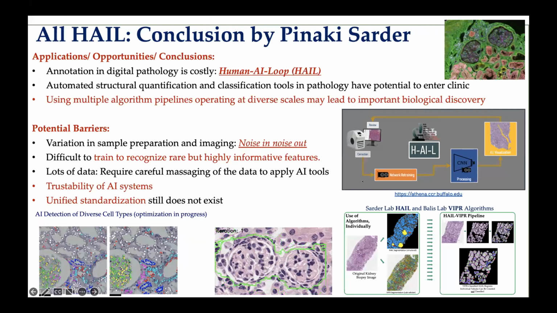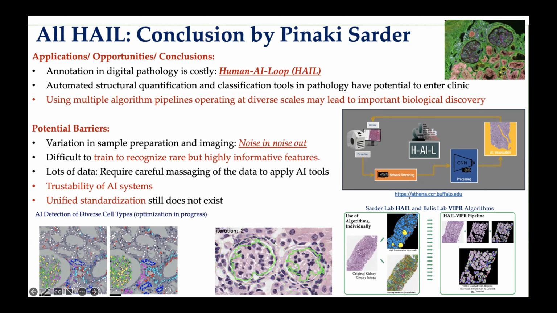Panaki has been on several of these calls, and he presented at the Banff meeting, and I just thought I should include his slide again to illustrate a lot of the things that he's been doing. I think one of the most exciting things is the Hail AI, the human AI loop, which he has to look at giving feedback to the algorithms.